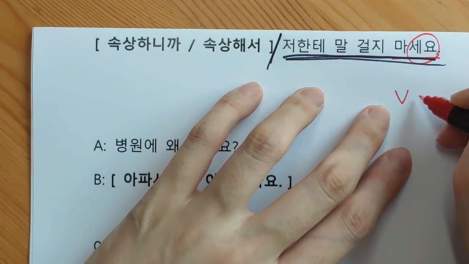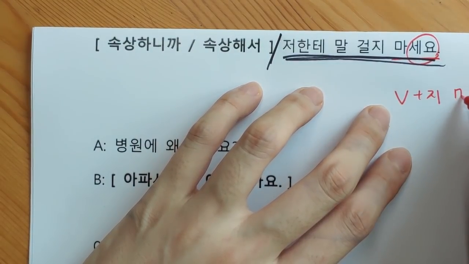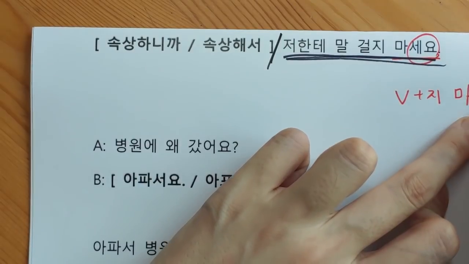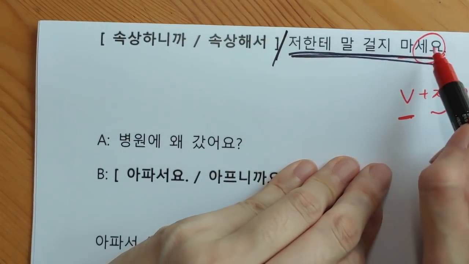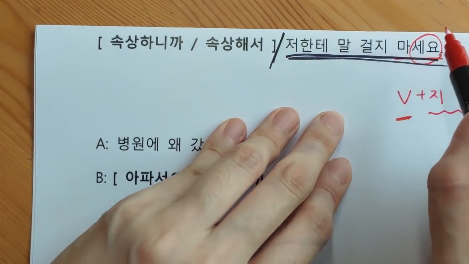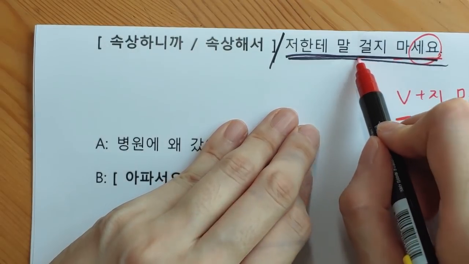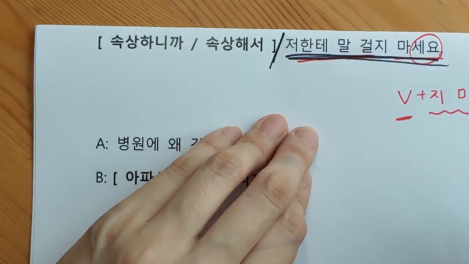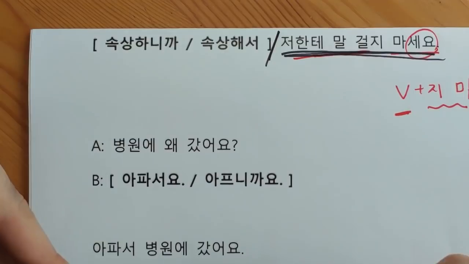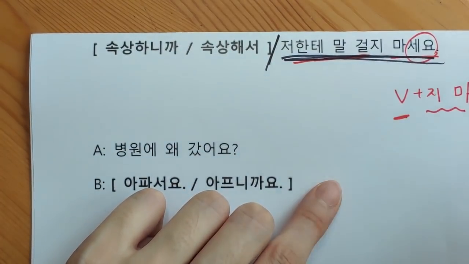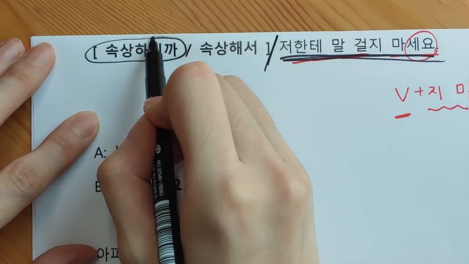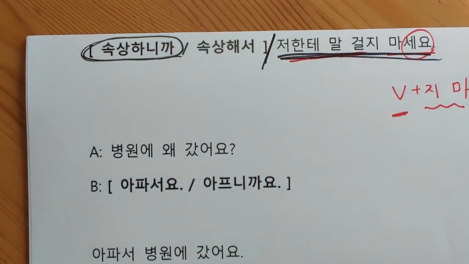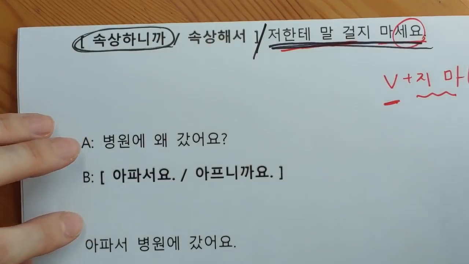Stem verb 지 마세요 in 존댓말 form means don't verb. So it's politely asking the other person to not do something, right? So it's in imperative mood. So just by looking at the ending of the sentence, we can know right away that we should use 니까 form. And let's break down the sentence first.